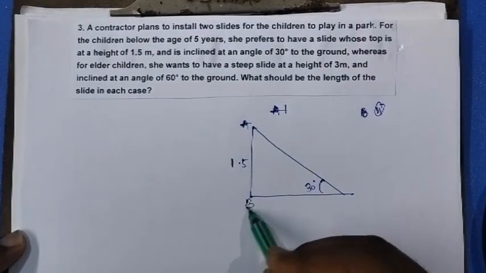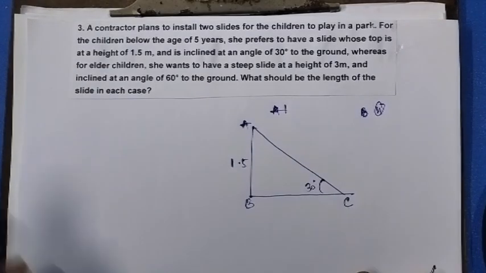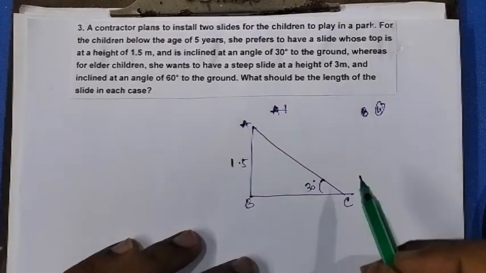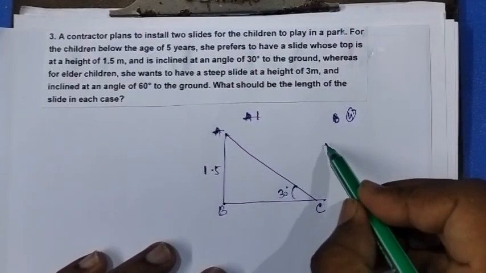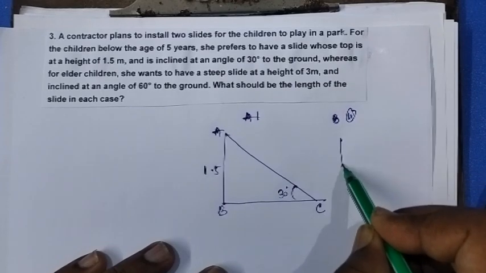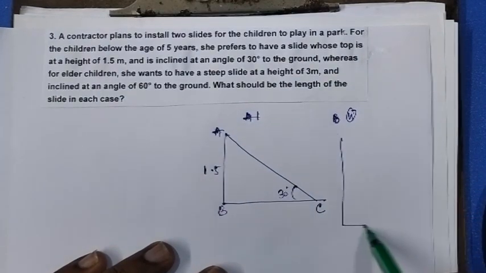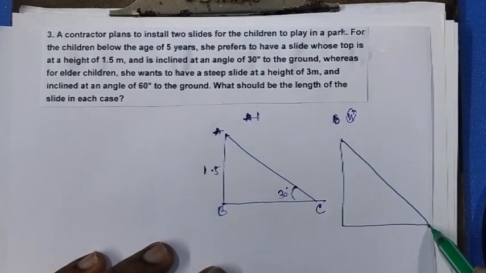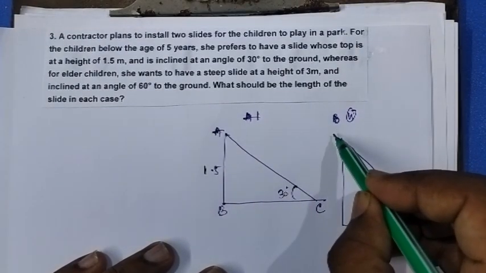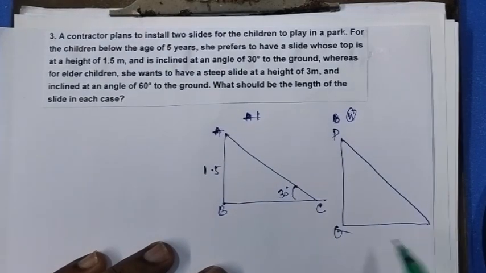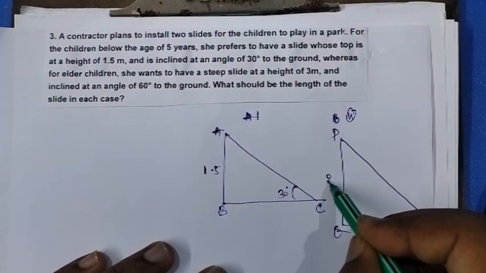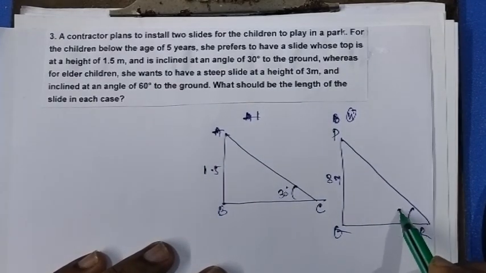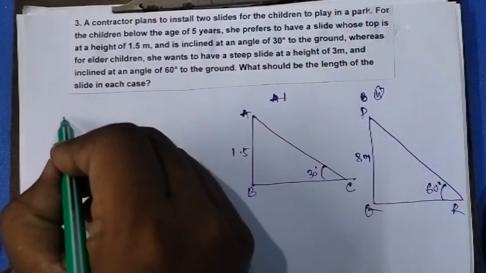That is, AB is the height and AC is the slide. And in figure 2, PQ is the height, that is 3 meter, and PR is the slope, that is 60 degrees.